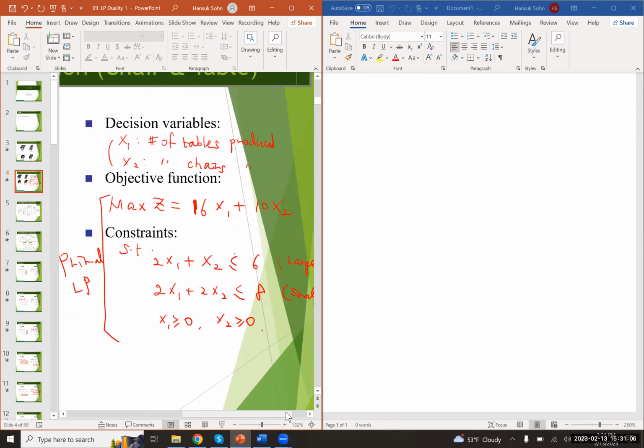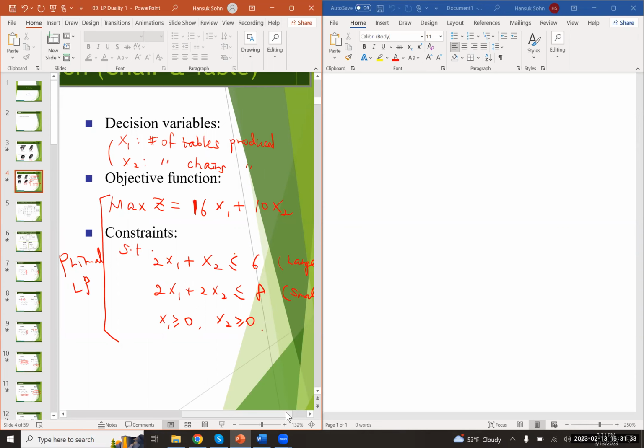So I said this original optimization LP is the primal LP. Now let's think about how we should begin to approach this problem analytically. Let's not use the graphical method at the moment.